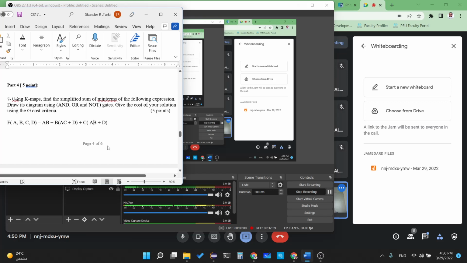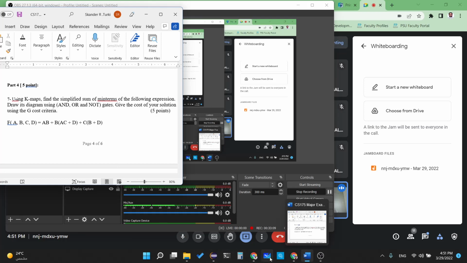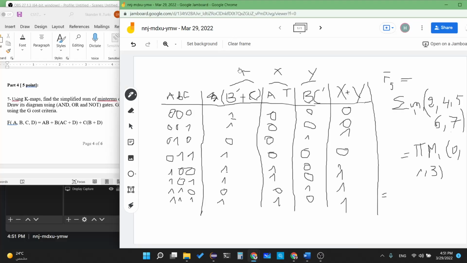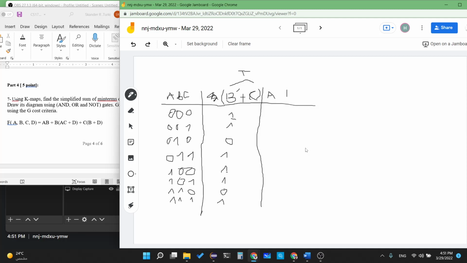Let me remove the A here, or otherwise we'll have ABC and AB. ABC will be simplified directly. So here, okay, I'll keep this truth table. Oh, ABCD.